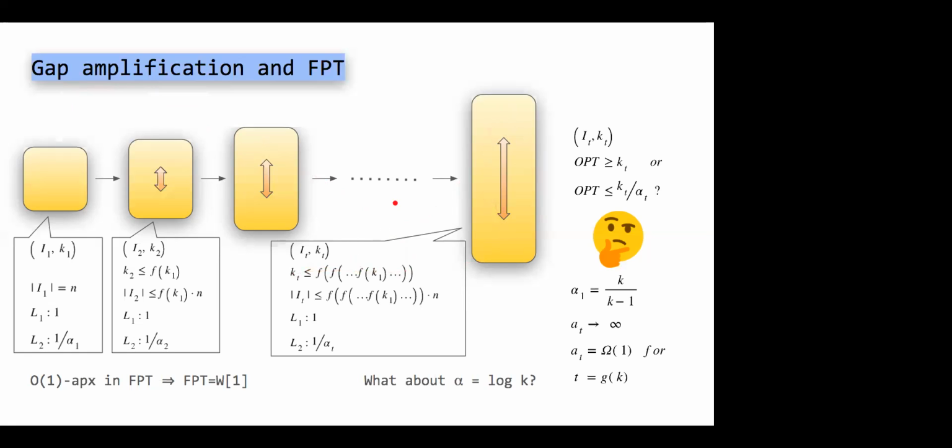And now we need to check how large is the logarithm of this new parameter. So the rule of thumb is that the slower the parameter grows and the faster the gap grows, the better lower bound we can get.